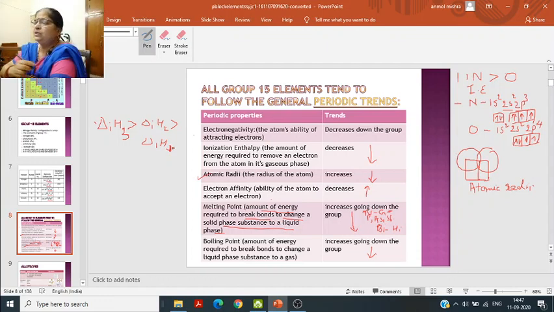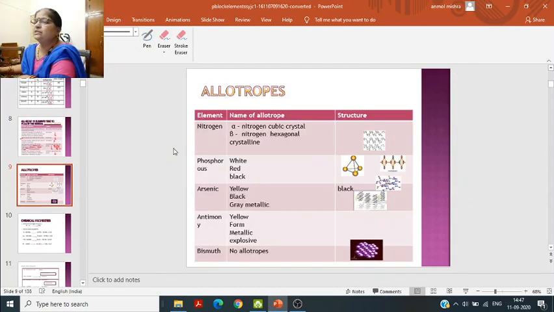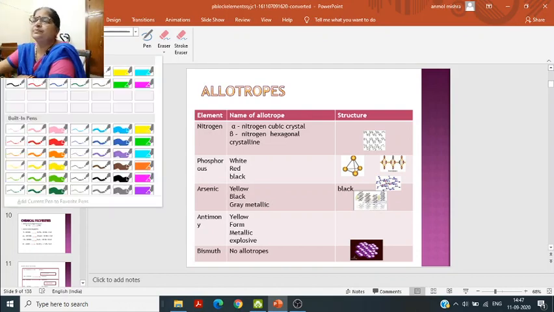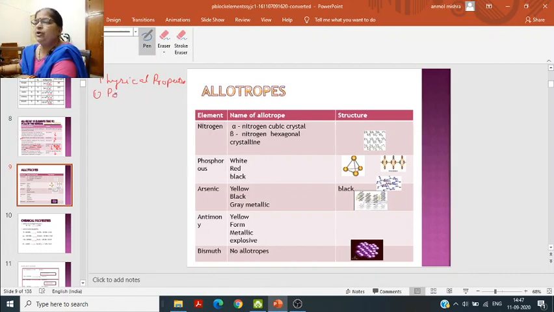Now next is physical properties of the 15th group elements. Number 1, they are polyatomic. The elements of the 15th group are polyatomic.